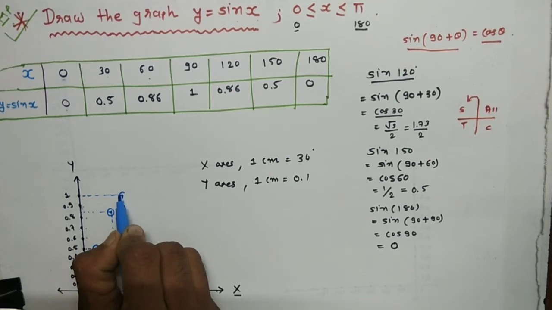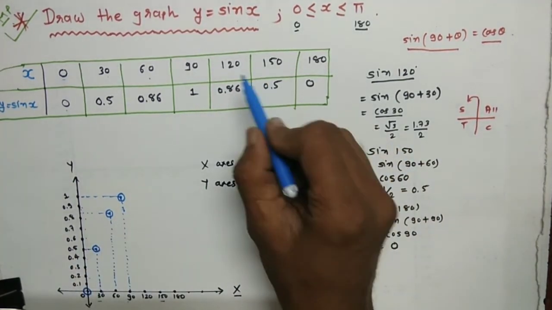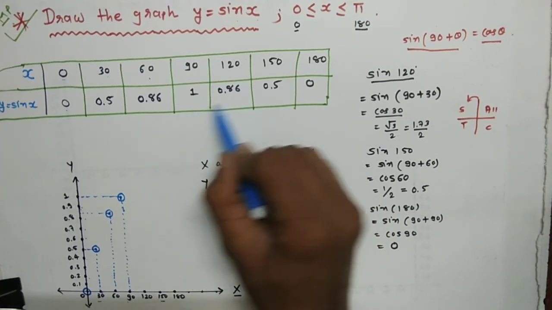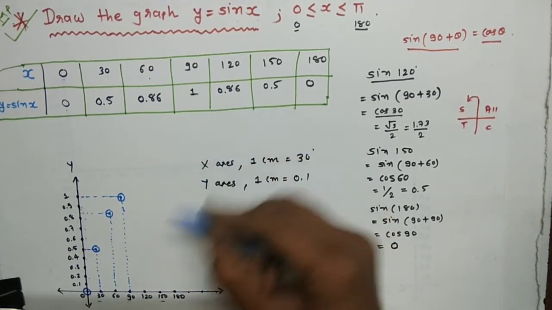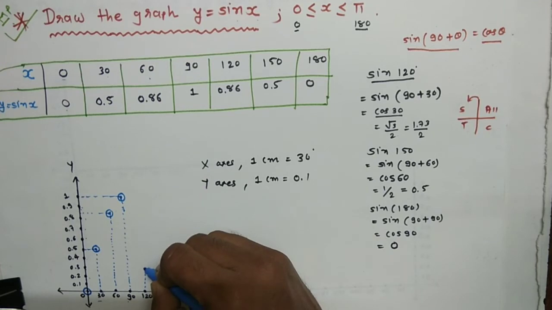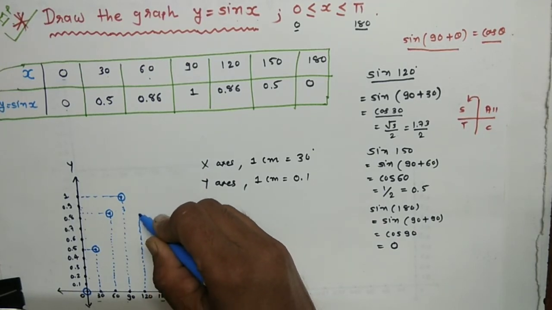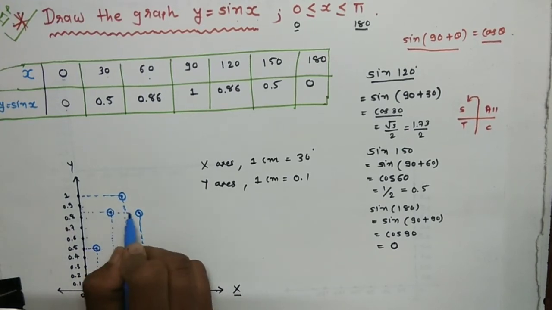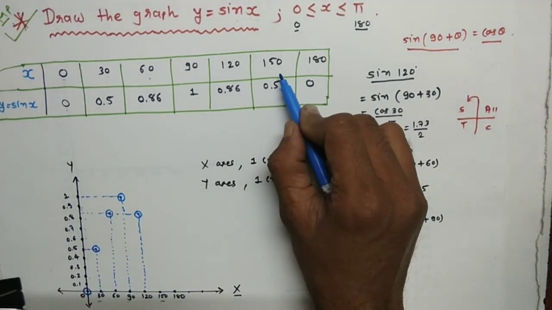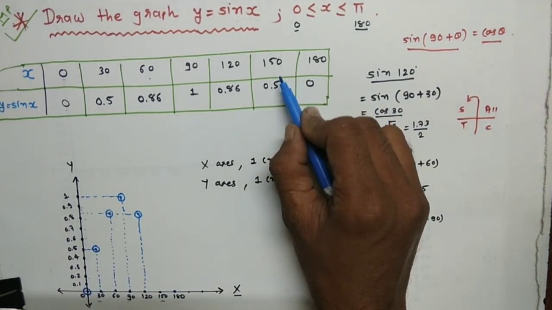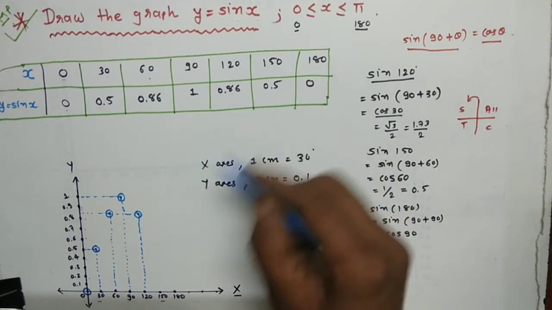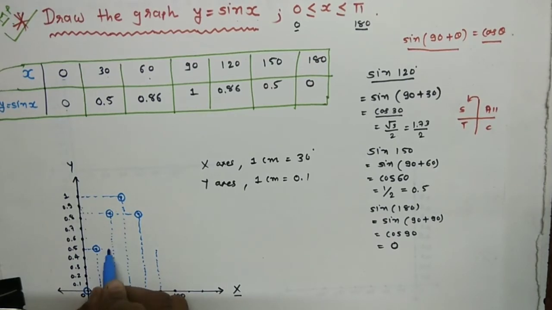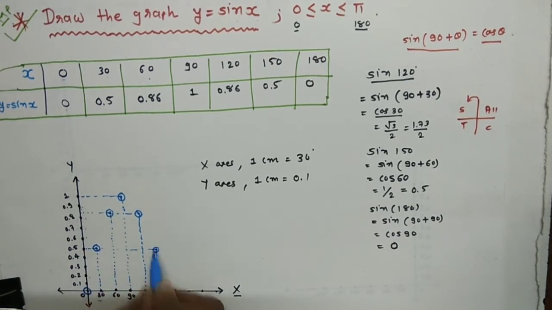This point meets here. Then after, when x is equal to 120, similarly, y is equal to 0.86. So when 120, that is this point. When x is equal to 150, then y is equal to 0.5. We can trace here 0.5.